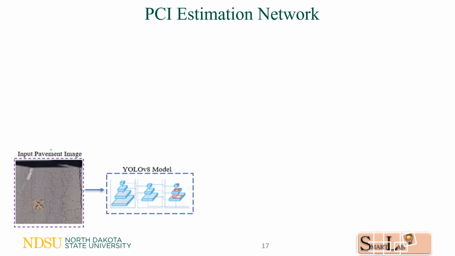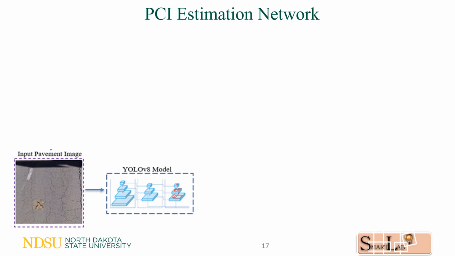So for the PCI network, you have the input pavement image with the distress and everything in it. Now we pass this input image to a YOLO V8 model. This YOLO V8 model has been trained on the pavement images with its corresponding bounding boxes.